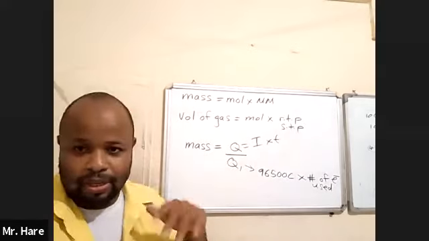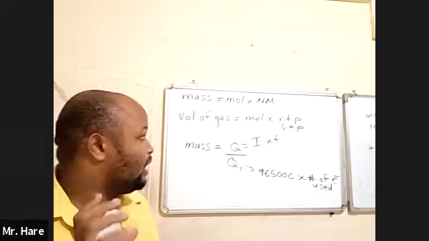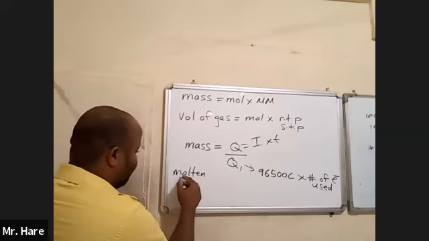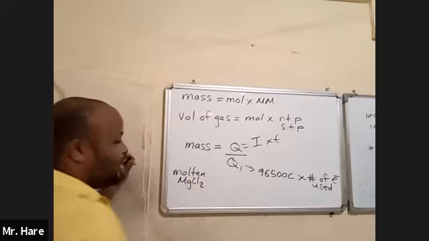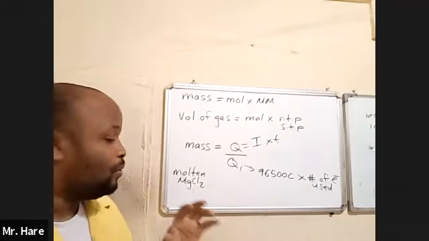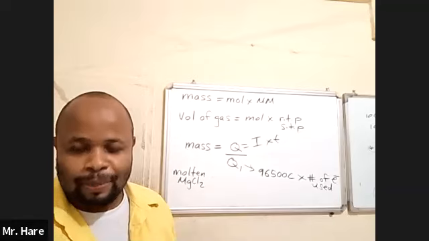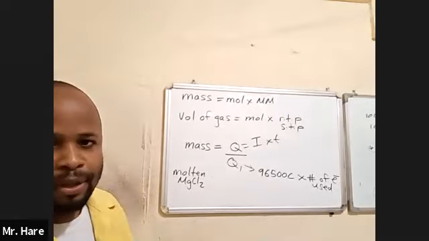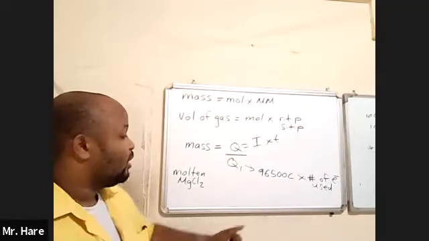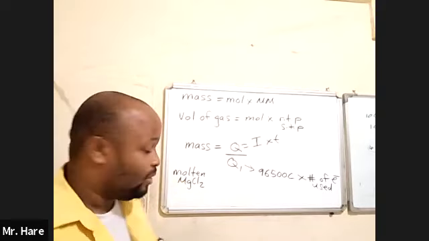Let us just say we are looking at the electrolysis of molten magnesium chloride, and I ask you to tell me the mass of magnesium that would be deposited at the cathode. So Q1 is 96,500 times the number of electrons.